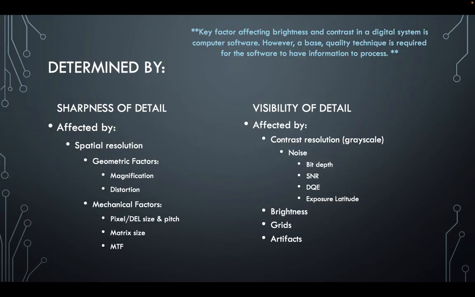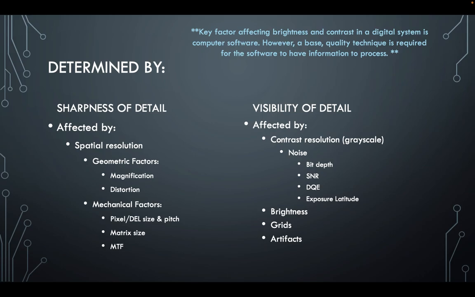I'm also thinking of noise here. I'm looking at it, like, is my detector receiving enough signal? Do I have enough technique actually getting through the patient and reaching my detector?